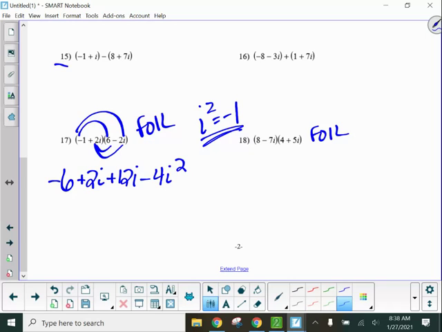So this last term is really -4 times -1, which is actually going to change it into a +4. So that +4 is going to be combined with the -6, and then I would combine the 2i and the 12i together. So really for the multiplying terms, once you actually do the multiplication, you have a question very similar to 13, 14, 15, and 16.